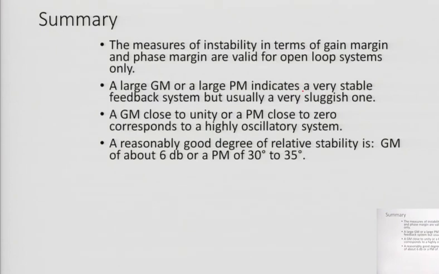So, just a summary of what we have understood about the phase margin and the gain margin. The measures of stability in terms of gain margin and phase margin are valid for open loop systems only, that is G(s)H(s). This is an open loop transfer function or a forward path transfer function of a feedback system.